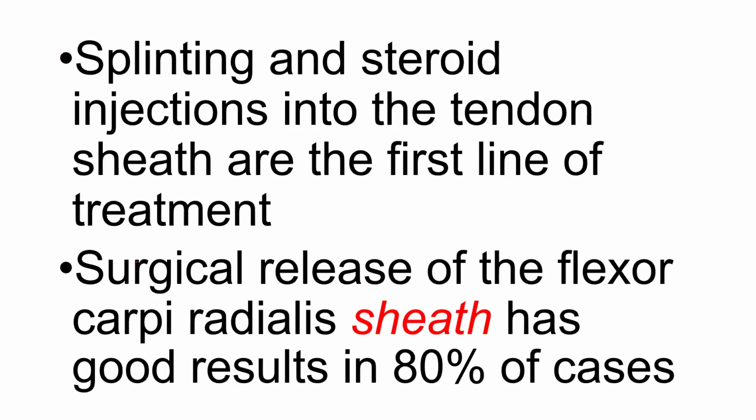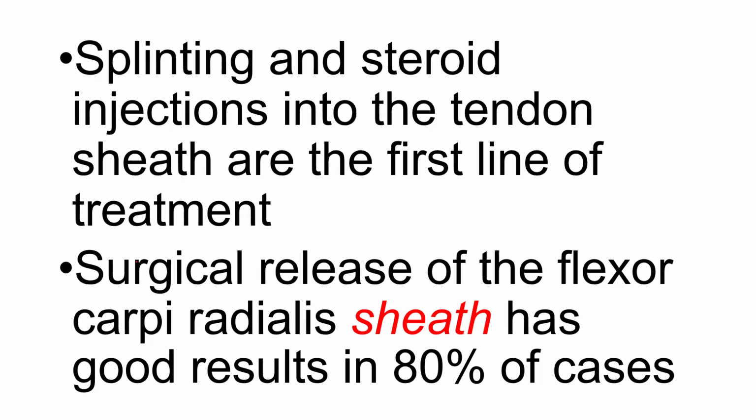Splinting and steroid injections into the tendon sheath, but not into the tendon. I repeat, not into the tendon, around the tendon, are the first line of treatment. Why do I say this?